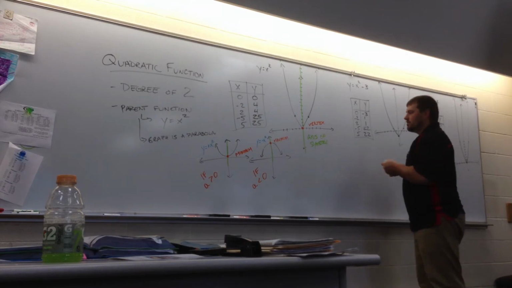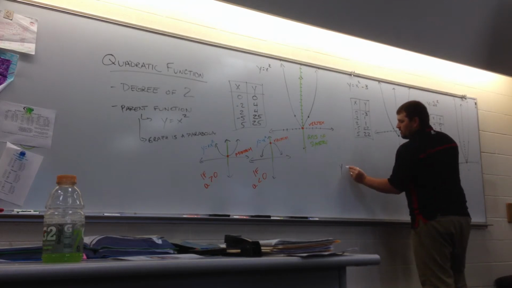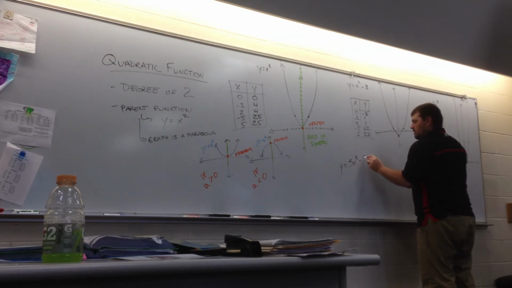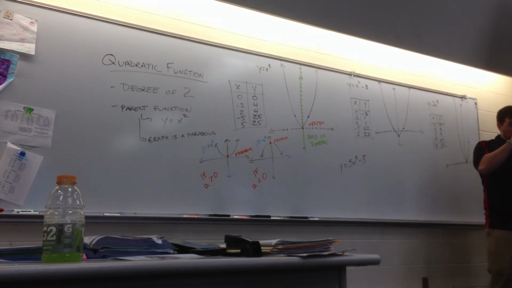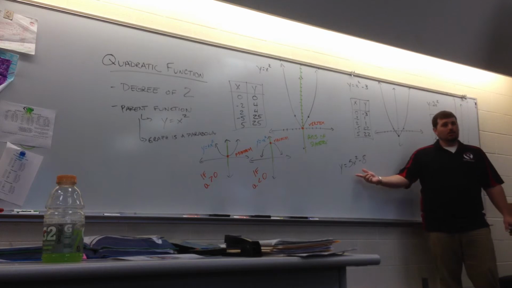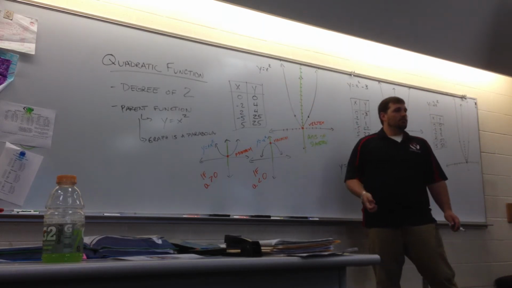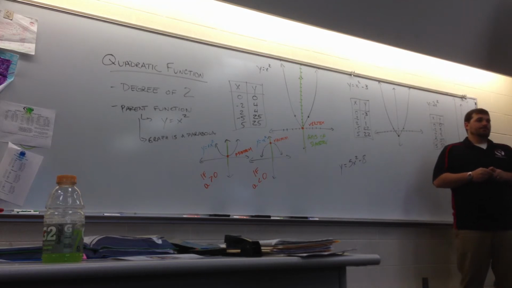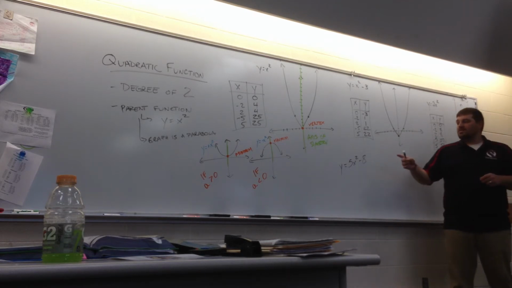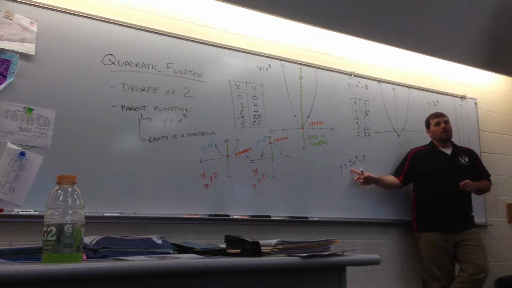So if I asked you what this graph right here would look like compared to the parent function of y equals x squared? It would be skinnier, and it would go down, and we would shift it down 8.